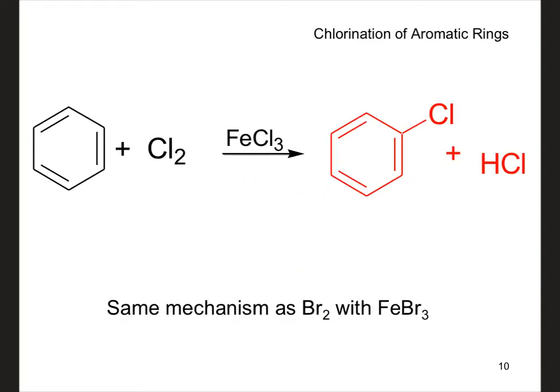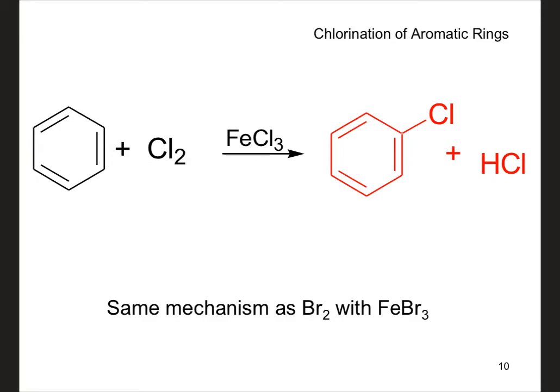Okay, let's take a close look at chlorination. This is very similar to bromination. That means you are going to generate, what we called the bromonium ion earlier, Br plus. So Cl plus will be the chloronium ion.